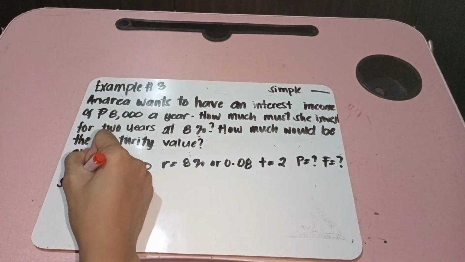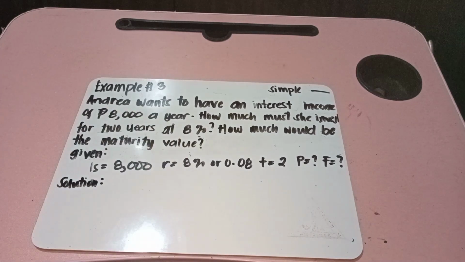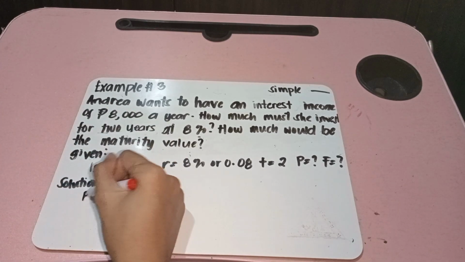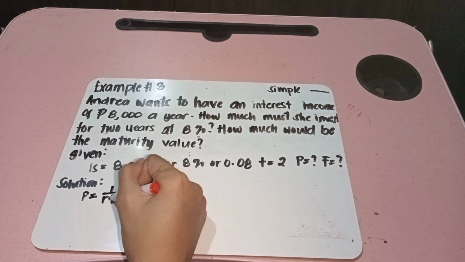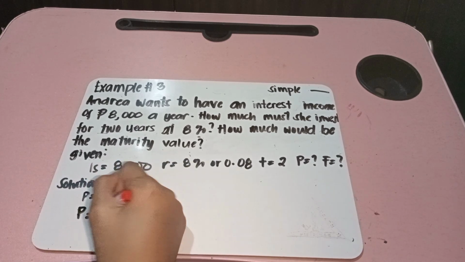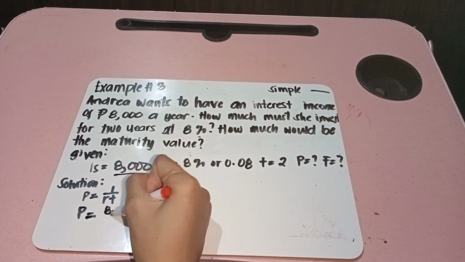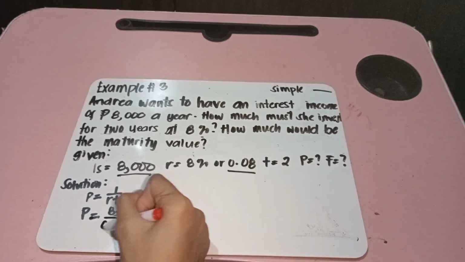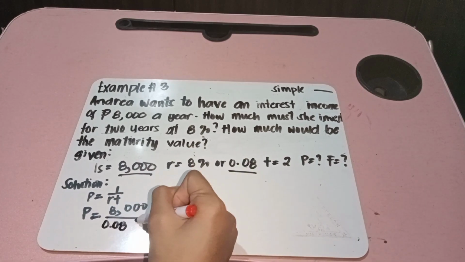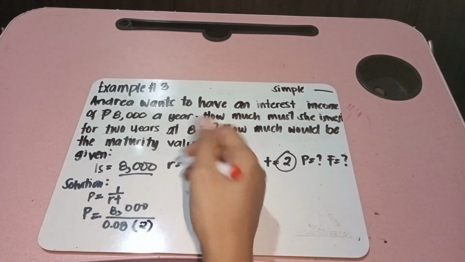So for the solution, we have P is equals to I divided by R times T. P is equals to, since ito yung I, 8,000 over 0.08 times 2, since yun yung time.